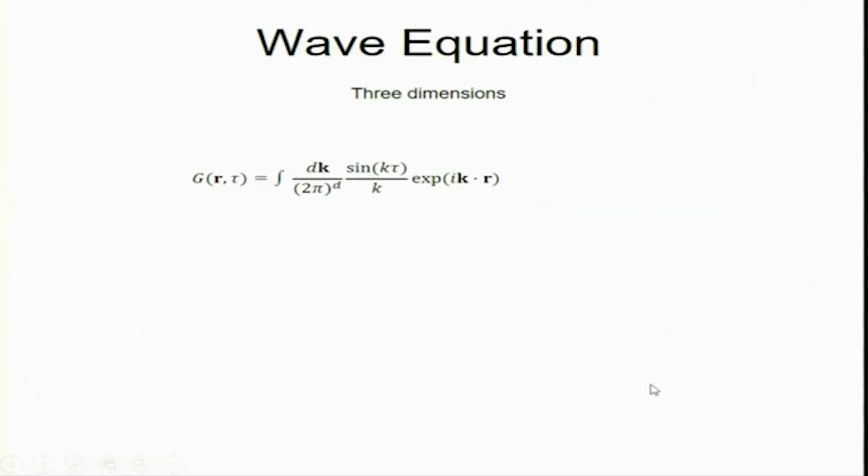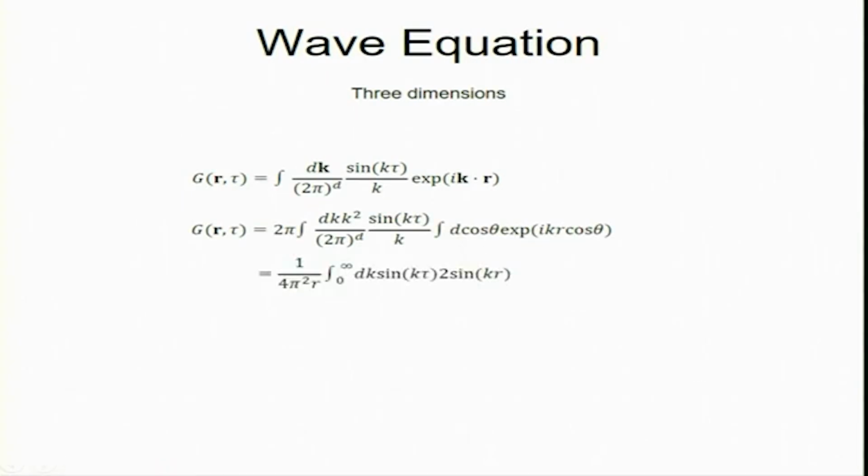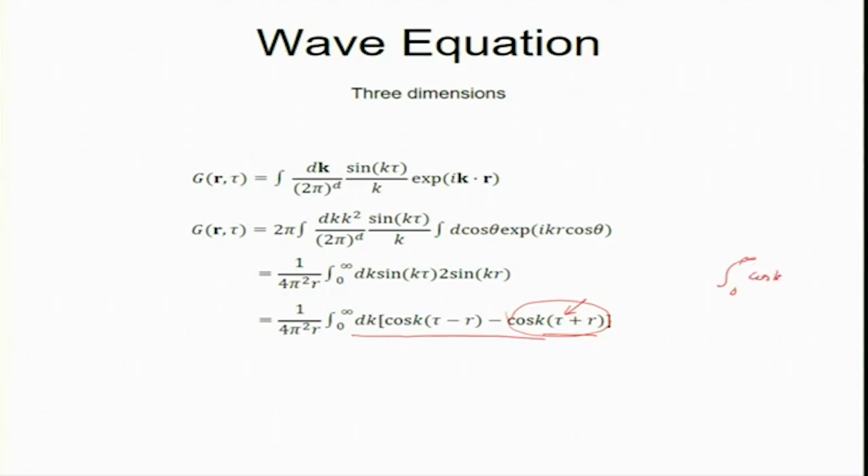In 3 dimensions the algebra is pretty similar, with d cos theta and so on. Here again I use the product rule, and in fact there is no 1 by k here. So it is not a sine function anymore. What is this integral dk? Cos k times a, where a is a positive number. The integral of cosine from 0 to infinity of cos(k a) dk.